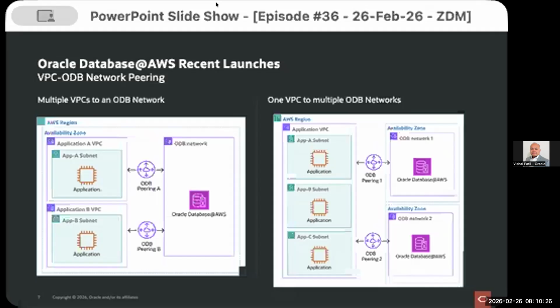So if you have one application VPC, on the right picture on the slide, which is connecting to multiple ODB networks, that is possible as well. So with this, the limitation around not being able to connect multiple VPCs to a single ODB network, or one VPC to multiple ODB networks, is lifted, and you can now have this network topology as well. Next slide.